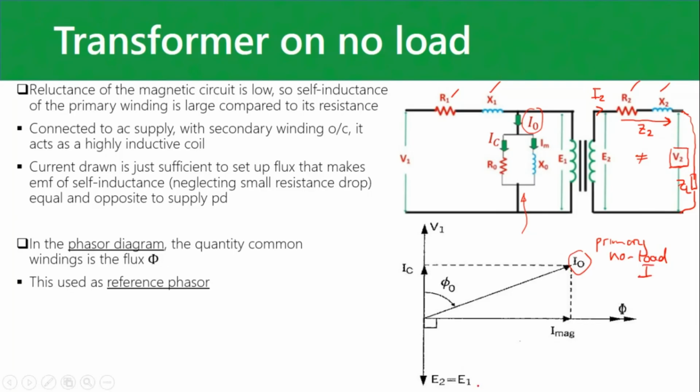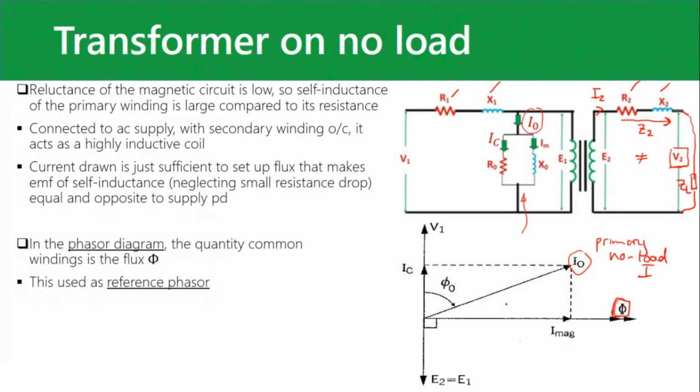Okay, so that's that little current that flows even when there's no current going through I2. Now it's made up of two components. So you can see that's why you've got this parallel section. I'll tell you about that in a minute. If we look at the phasor diagram, we use the flux as a reference because it's linking both sides.